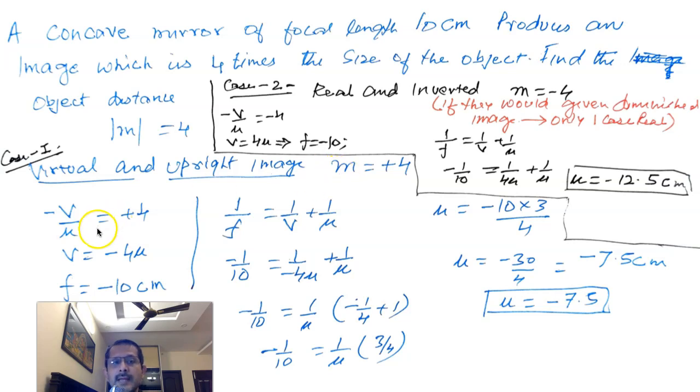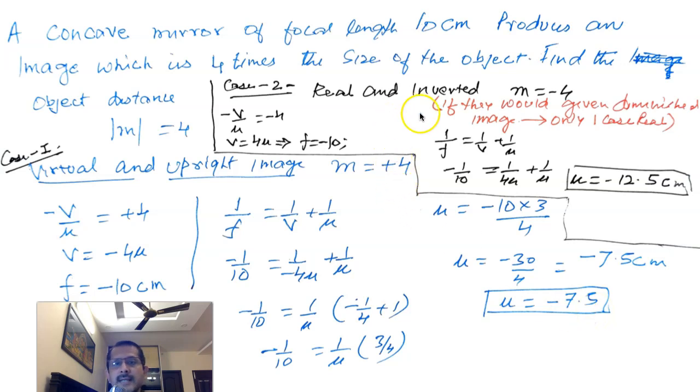In this case we can say m is equal to plus 4 because the image is virtual and upright. So minus v by u is equal to plus 4, or v is equal to minus 4u, and f is equal to minus 10 centimeter, which is given to us. Applying this in the formula and solving, we get u is equal to minus 7.5.